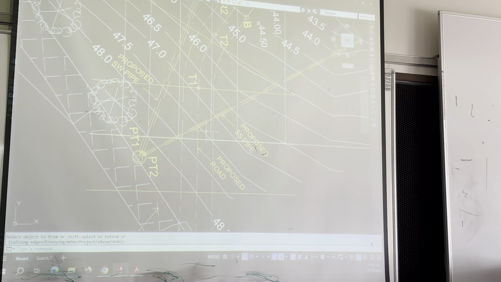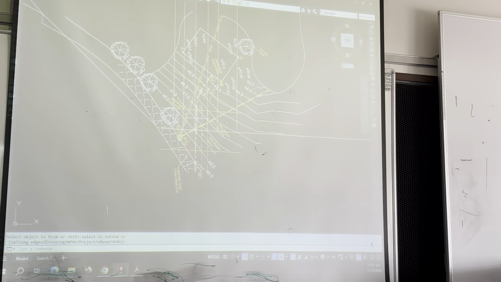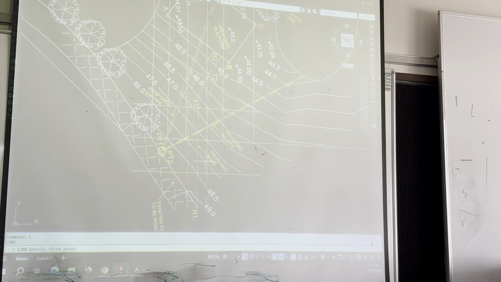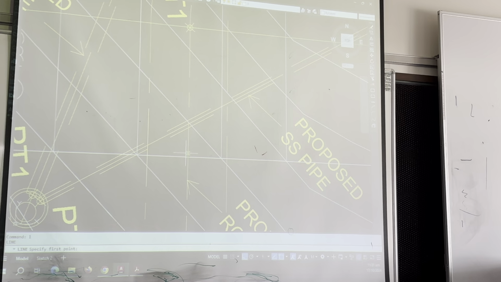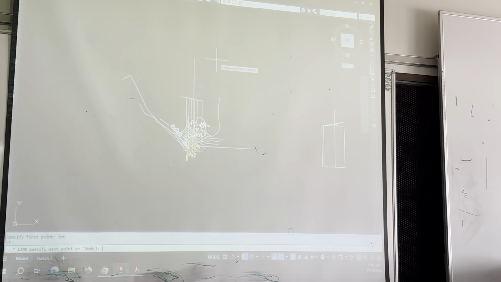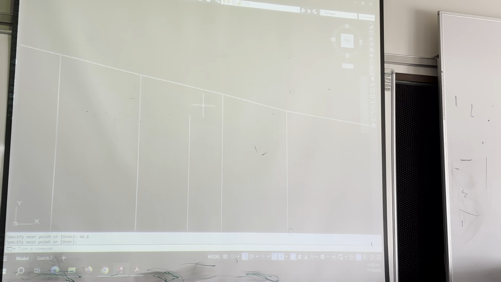Okay, centre line of the road. What was the 40 something 0.6? What do we get down the bottom there? 46.6, yep. So we'll take a line from here at 46.6. Okay, offset that, do a line across here, 1.5.